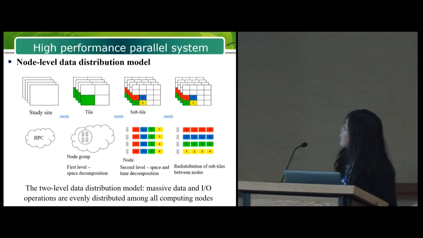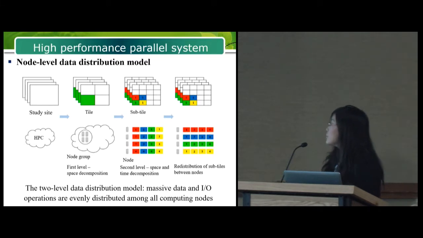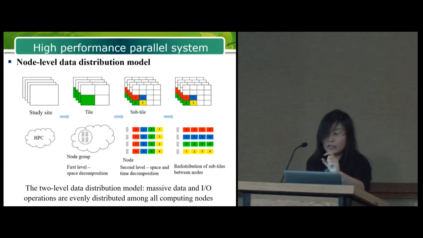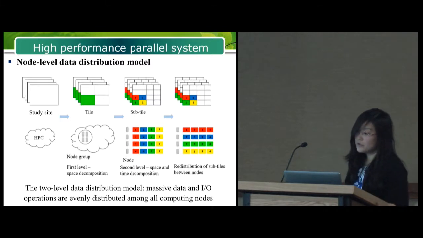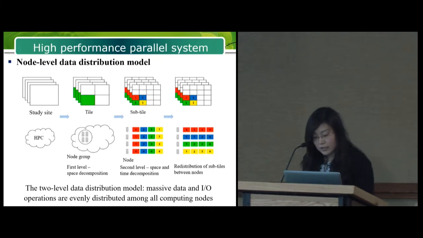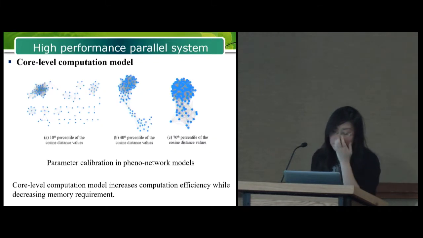And because we are interested in the time series information, we redistribute our data using MPI, so that each node will have one subtile, but the entire time series information we could use for doing the leaf coloration computation model.